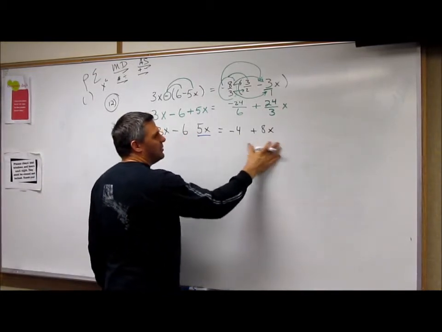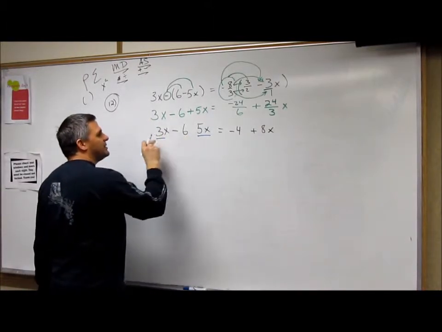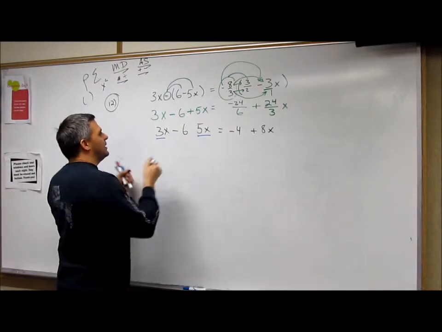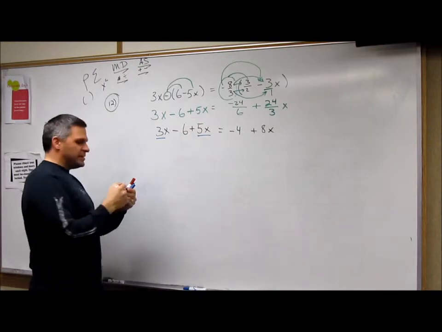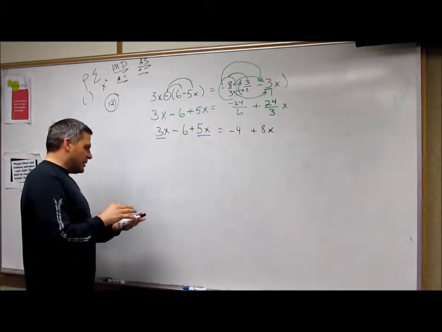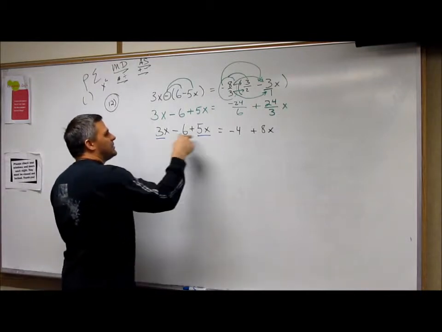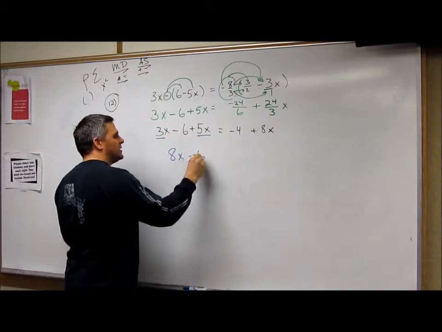So here, there are no like terms, but on this side there is. So I need to add these x's up. I pulled this down. I forgot the plus. Can't forget everything. Everything has its sign. Everything has its place. So I take 3x plus 5x and I get 8x minus 6.